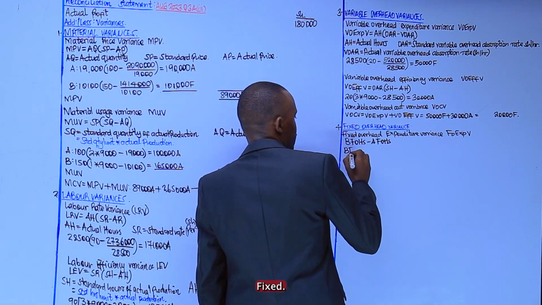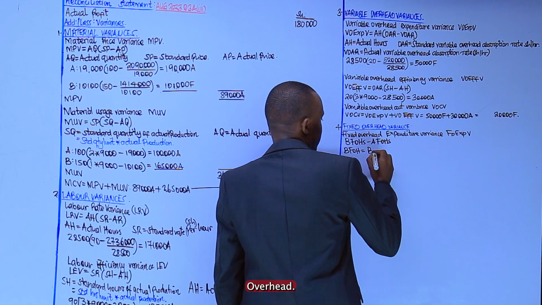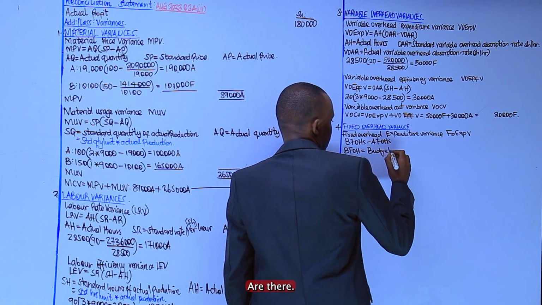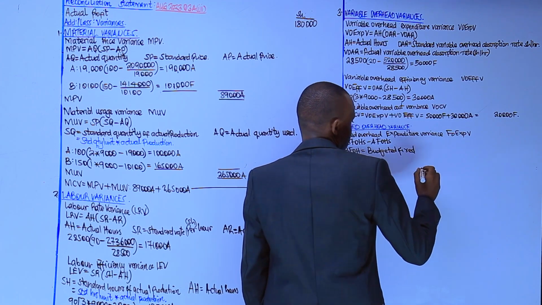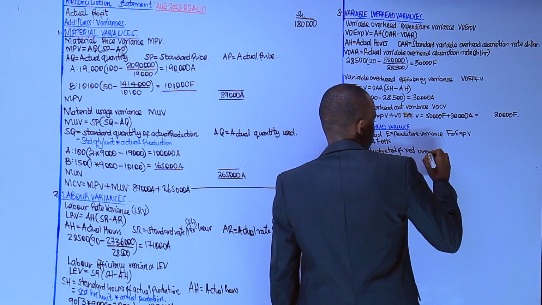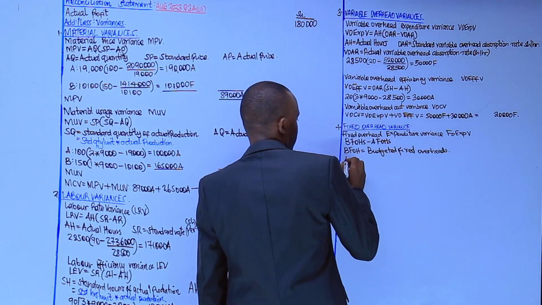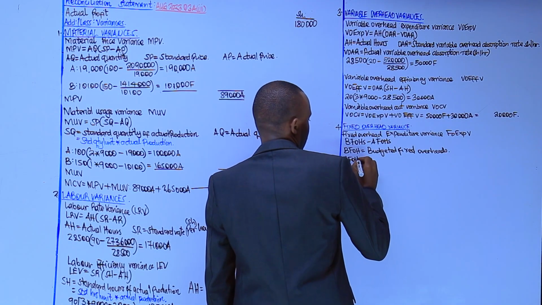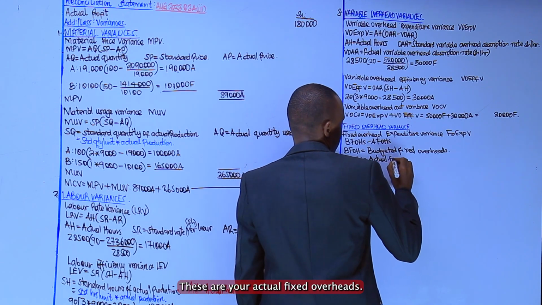The budgeted fixed overheads are there. These are your actual fixed overheads.